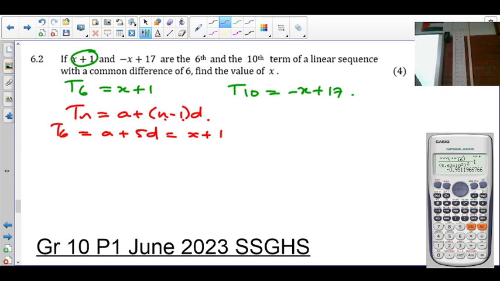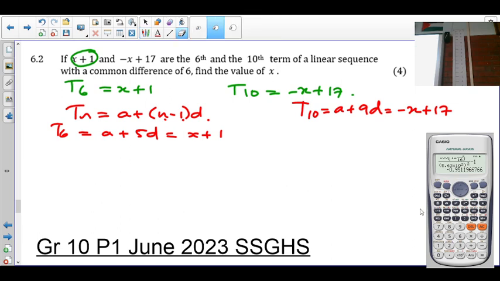On the other hand, T10 is going to be a plus 10 minus 1, which is 9d, and that is equal to minus x plus 17. Do you see that, people? Okay, so this I can drop here and drop here.